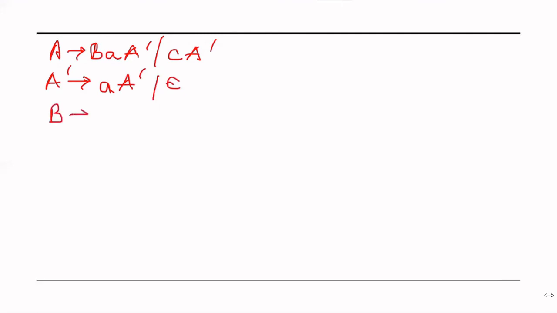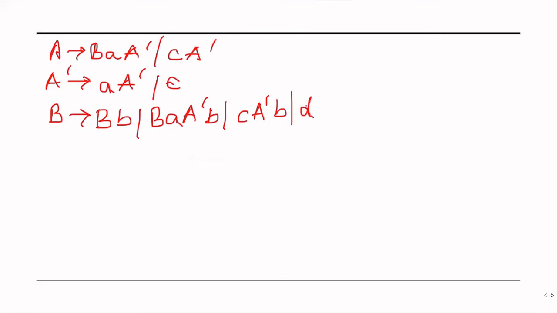A derives B A dash or C A dash, A dash derives a A dash or epsilon, B derives, now B also had its own B production, B, then the new productions that we added, B A dash B, C A dash B, and the D production was there, so here we have it.